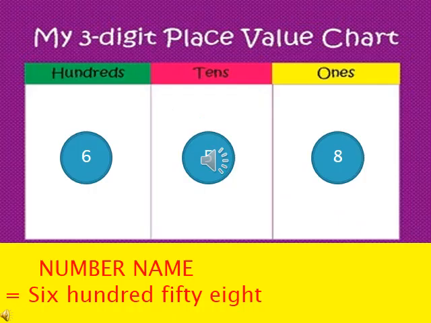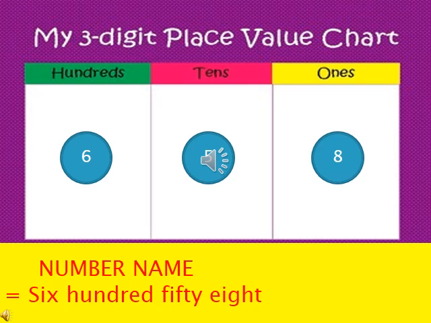Children, look at this slide which is showing you the three-digit place value chart where you can see ones, tens and hundreds. Three places are represented and a number is also written where 8 is at ones place, 5 is at tens place and 6 is at hundreds place.